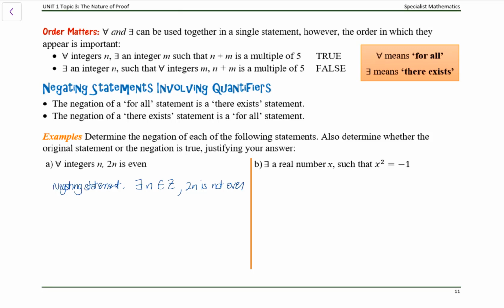So the first one was for all integers n, multiplying by 2 will result in an even number. It has to. It's a multiple of 2.